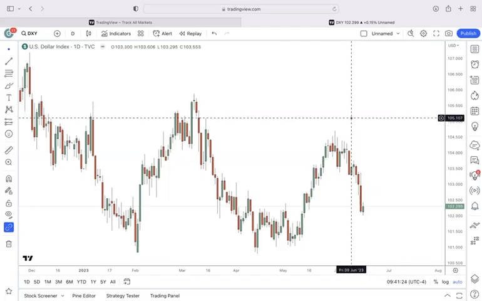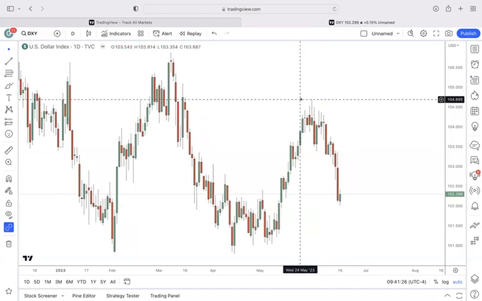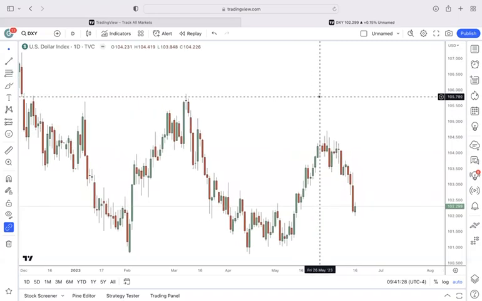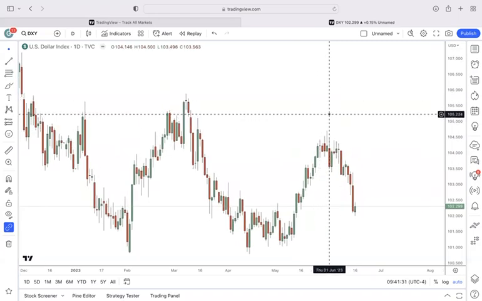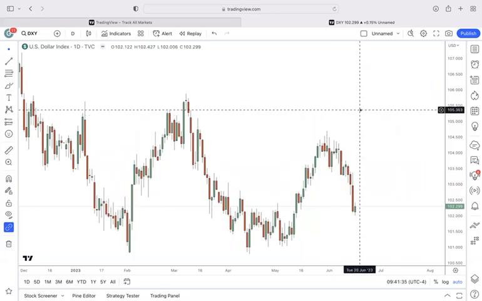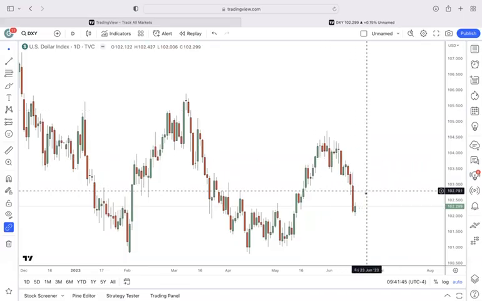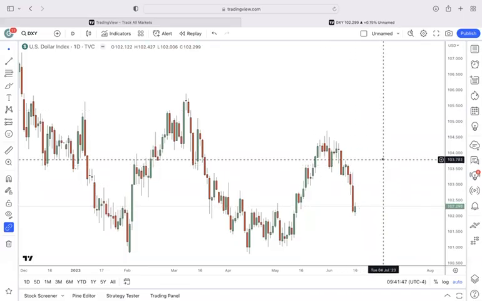And when I say why, I'm not talking about news events, economic numbers, nothing like that. I'm strictly talking about the price action, aka the PD arrays. So, what PD array was used to give us this bearish dollar? That's what I like to ask myself.